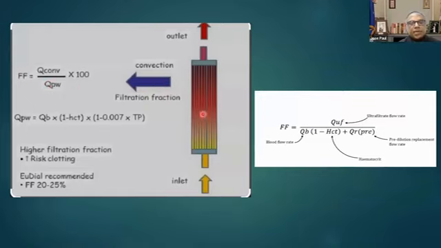The plasma flow rate can be calculated from the blood flow rate when you take into account the hematocrit and the total plasma proteins. So it is actually the amount of the ultrafiltrate that is pulled out from the patient's body divided by the plasma flow rate. This is how you calculate the filtration fraction.